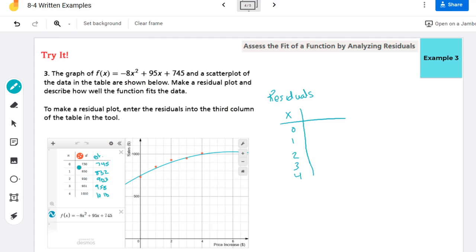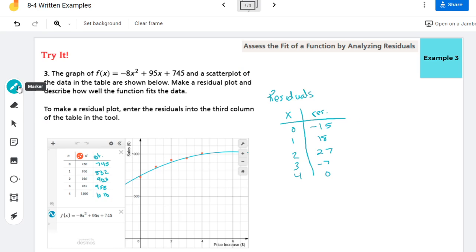So 730 minus 745 is going to get me negative 15. 850 minus 832 gives me 18. 930 minus 903 gives me 27. 951 minus 958 gives me negative 7. And 1010 minus 1010 gives me a residual of 0.